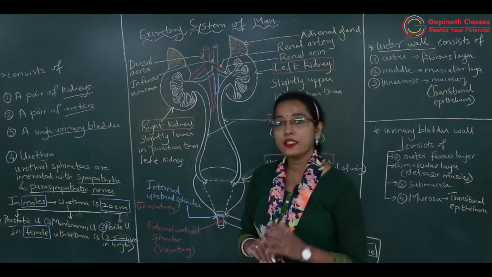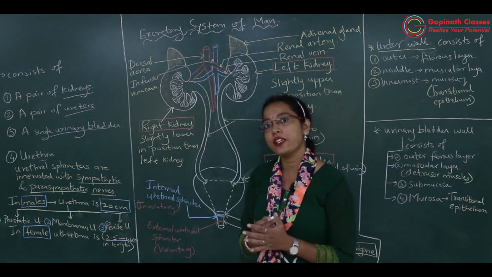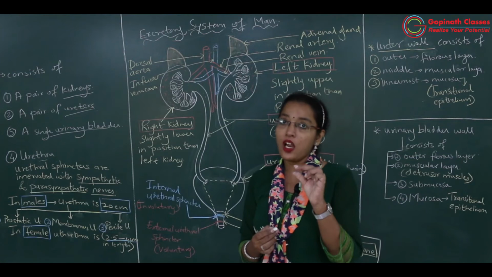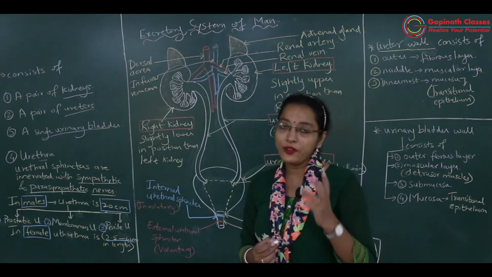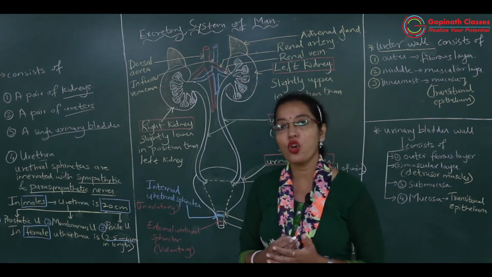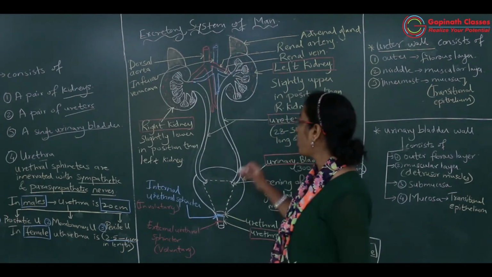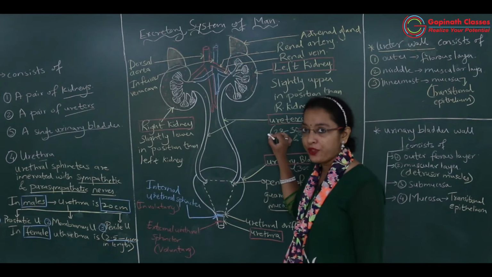Similarly, if the volume of urine is very less, then the diameter of the ureter will decrease, because of expansion of the transitional epithelium. Got it?